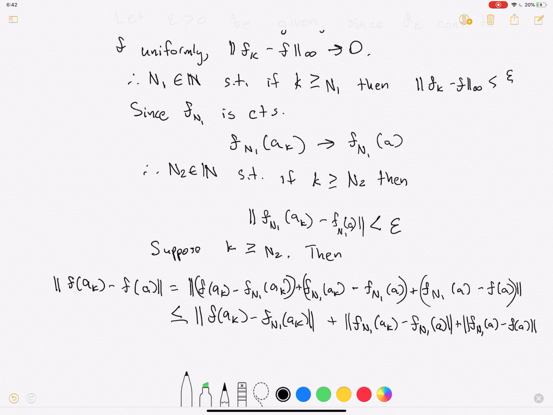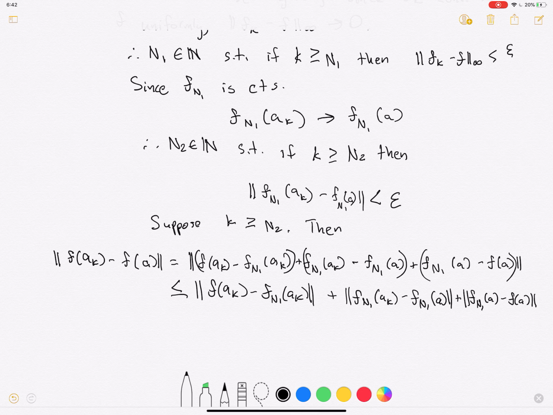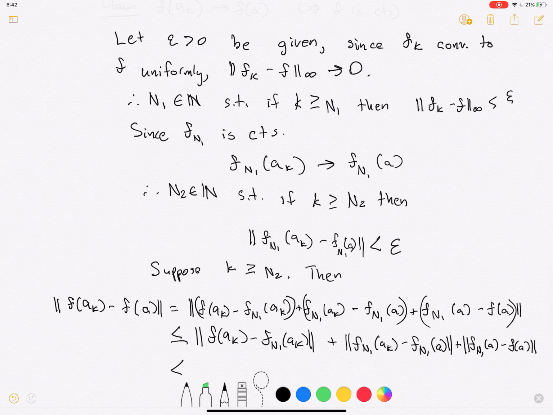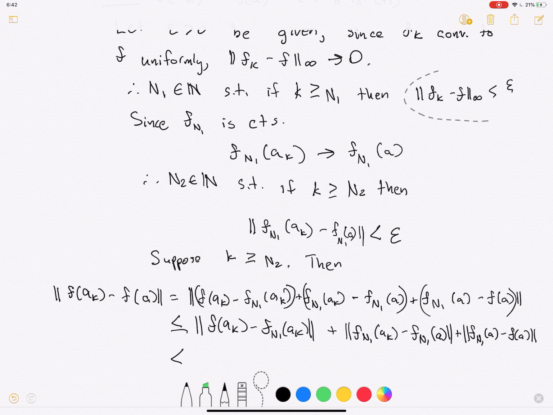And that's less than, from this we get that this is less than epsilon, and from this we get that this is less than epsilon from this inequality, and lastly we get that this is less than epsilon from the top inequality. So let's highlight those so we know how they match.